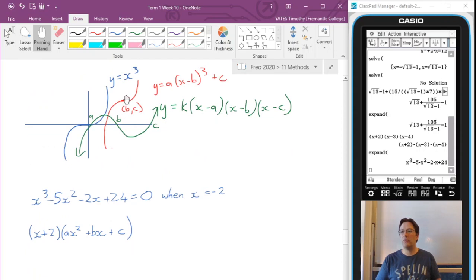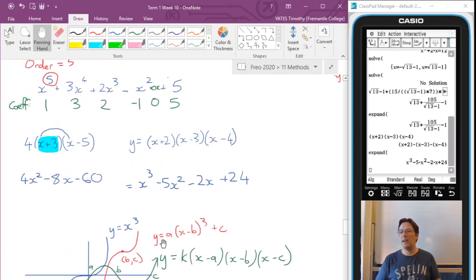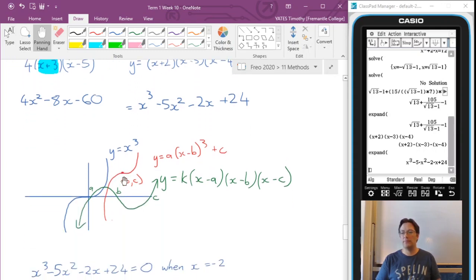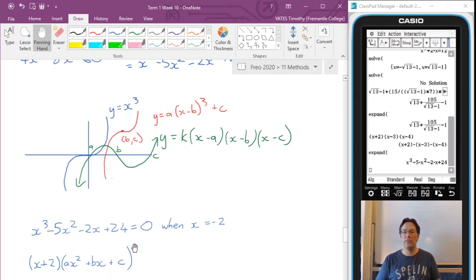One of the things we know, and I'm going to pretend we don't know these other two over here, is that x equals negative 2. So the whole thing equals 0 when x equals negative 2. That means that x plus 2 is a factor.